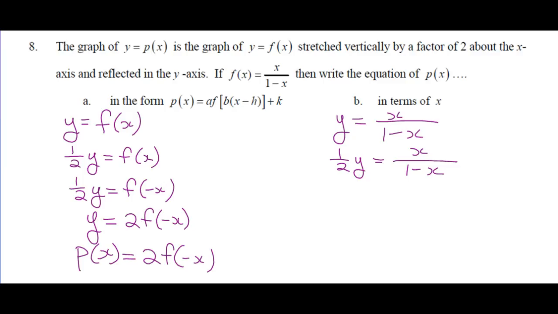Okay. And now what do we do? We replace. So everywhere I see x, I'm going to write negative x. Everywhere you see an x, replace it with a negative x. I'm actually going to do this more explicitly. I mean, I wouldn't write that in general, right?